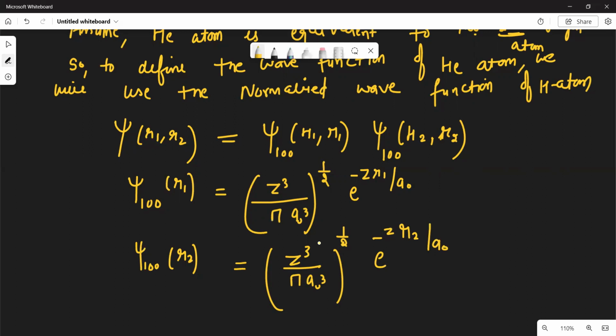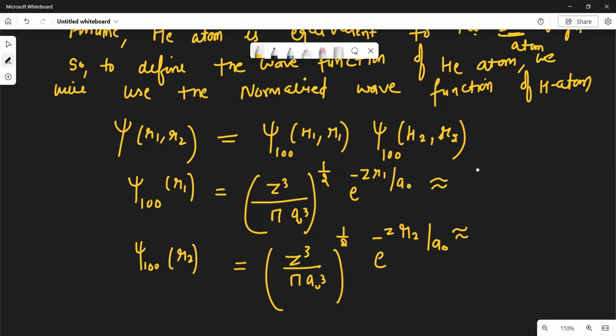Okay. So students, like we have written the Hamiltonian in atomic units, we will write these wave functions also in atomic units. So how to write the wave function in the atomic units? Wherever we have written a naught, we will put it equal to 1.